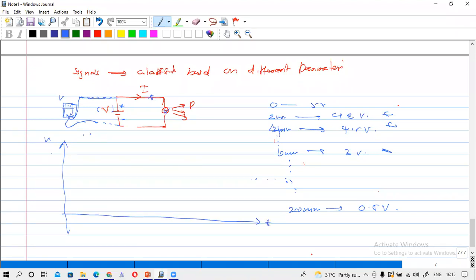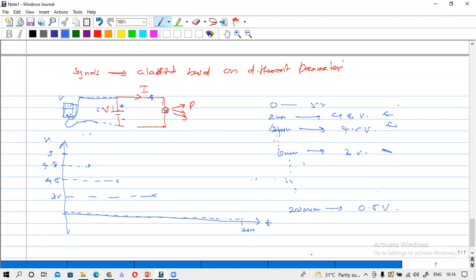This is time. And this is 5 volts. And here it is 4.8, and here it is 4.5, and here it is 3, and up to 20 minutes, it will be maybe 0.5 or something.